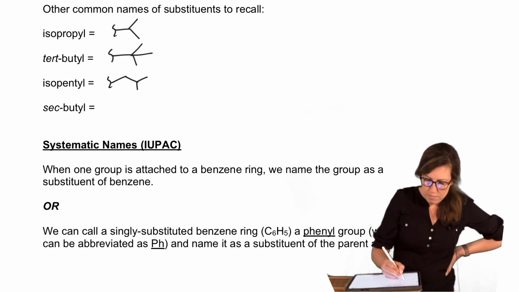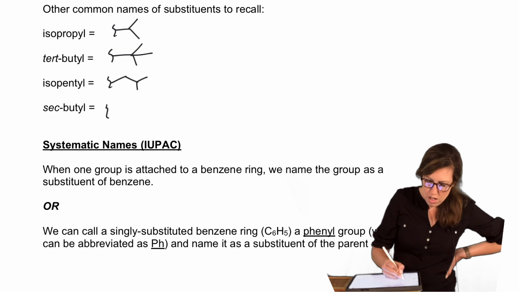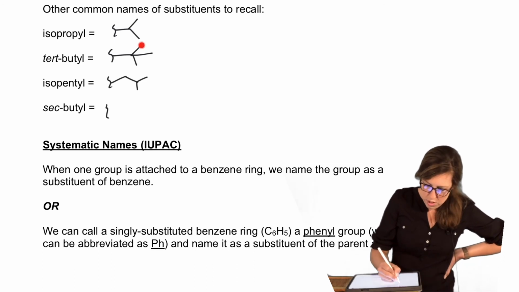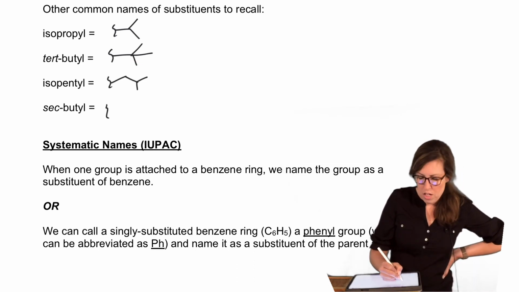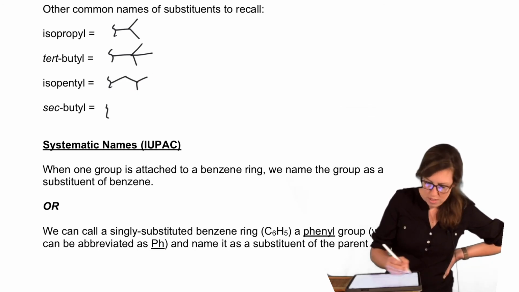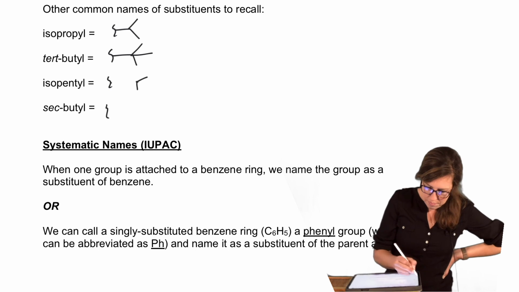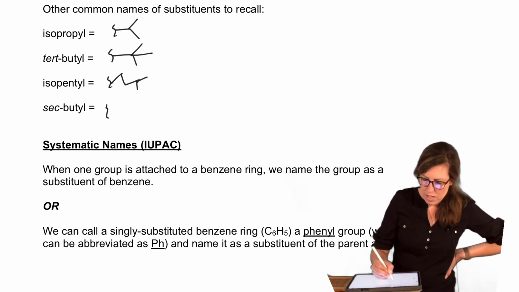And sec-butyl. Think about this: we have 1, 2, 3, 4 carbons. That's tert-butyl. Isopentyl has 1, 2, 3... that's actually isobutyl. Glad I caught that. So that's isobutyl. Let's fix this to be isopentyl, with an extra carbon.